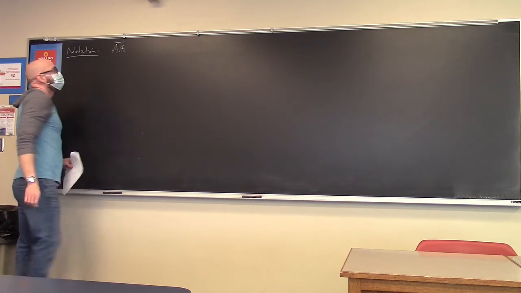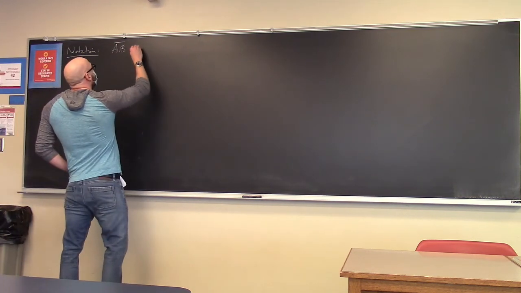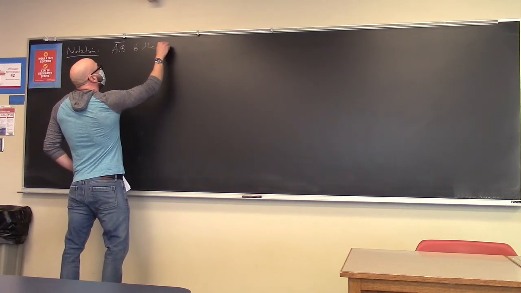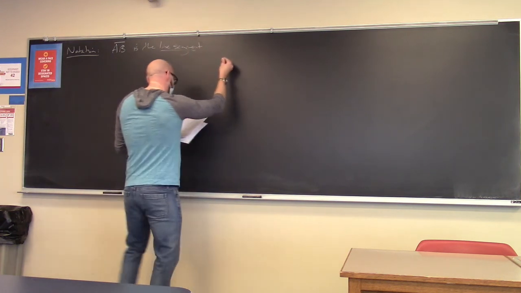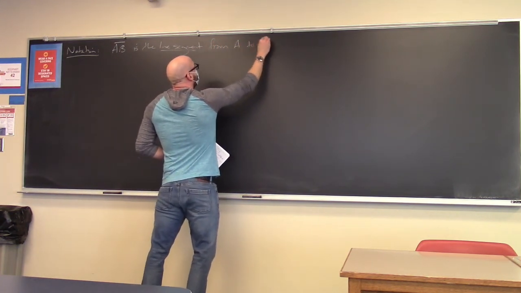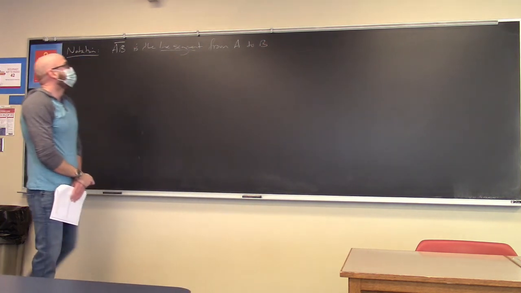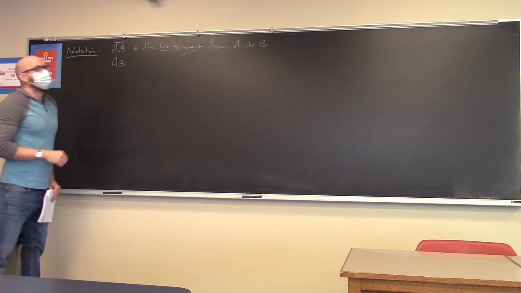So AB with a bar above it, as we mentioned last time, this is the line segment from A to B. Meanwhile, AB with no bar above it is the length of that line.